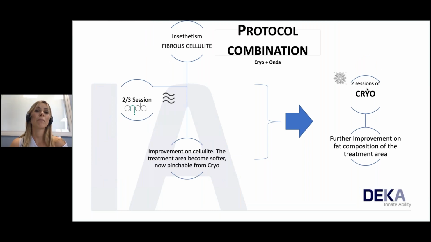Or if the main problem is fibrocellulite, so the tissue is very, very hard and it's not pinchable, I can start with 2-3 sessions of Onda, and then when the tissue is pinchable, I can perform 2 sessions of cryo. But I have to confess that Onda is very effective in its triple action, even if it's used alone.